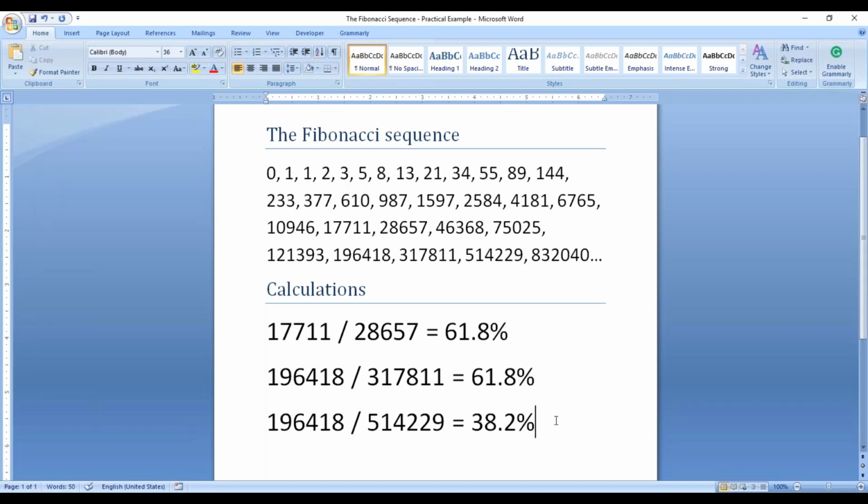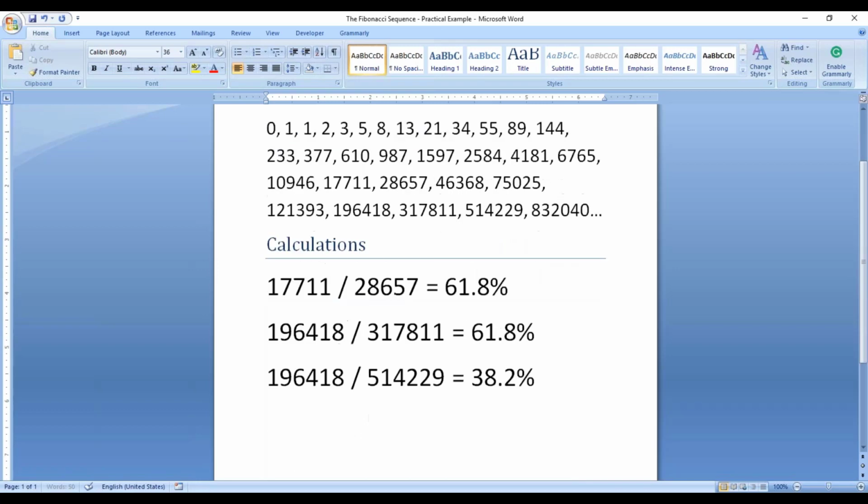And now let's take the third number that stays over here, because this is the base number. This one is the base number. This is the one that stays 1, 2, 3 positions to the right. So let me scroll down a little bit. 196,418 divided by 832,040.